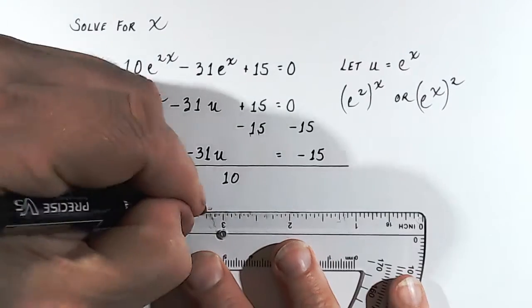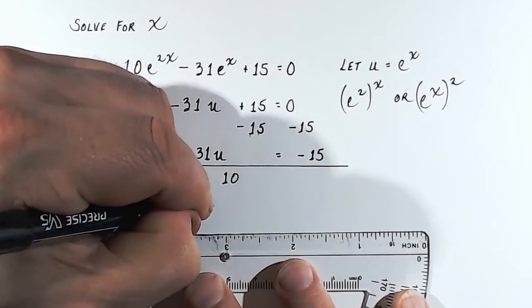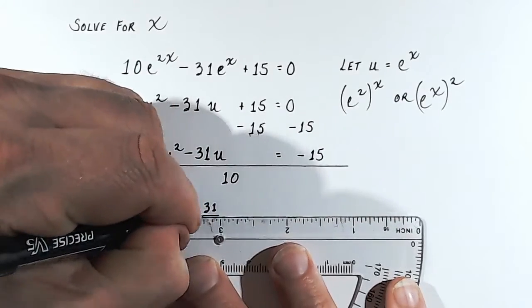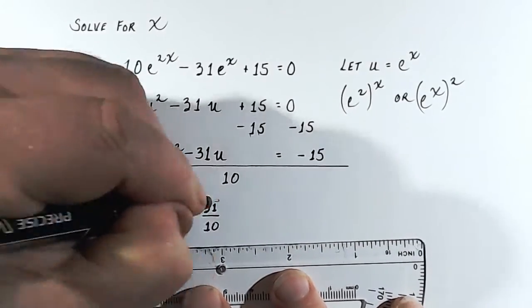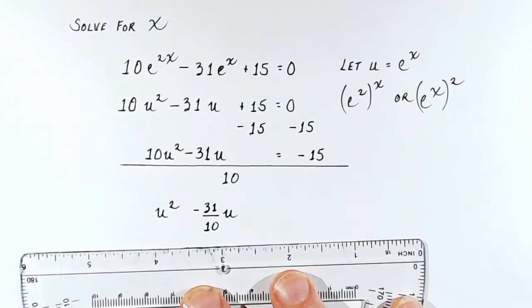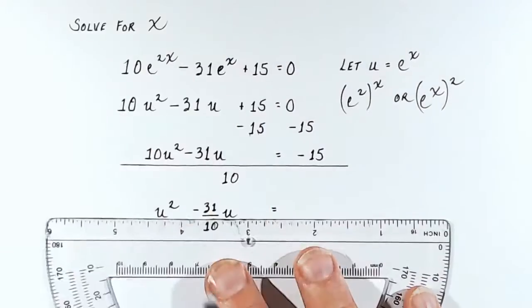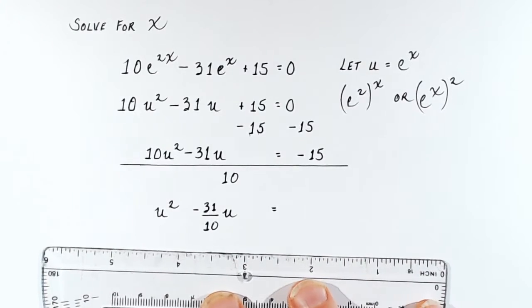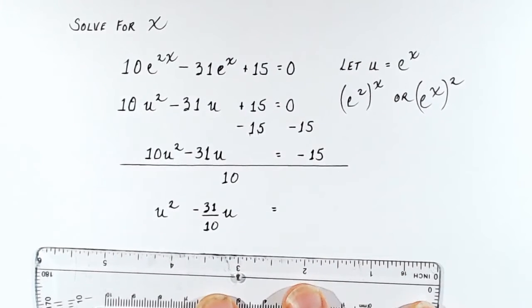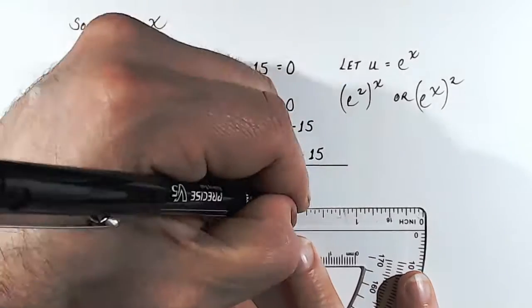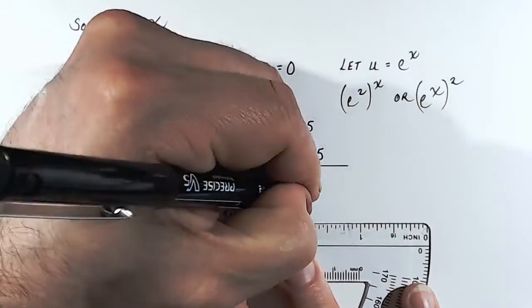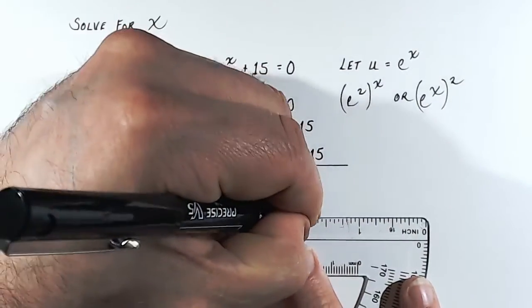And then we'll write minus 31 over 10u equals negative 15 over 10, which can be simplified by dividing both the numerator and denominator by 5 to negative 3 over 2.